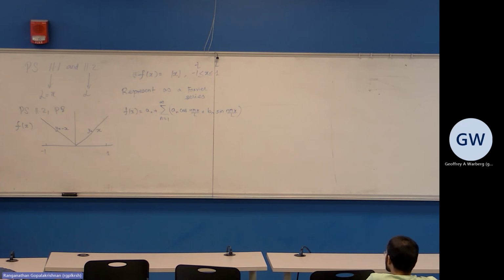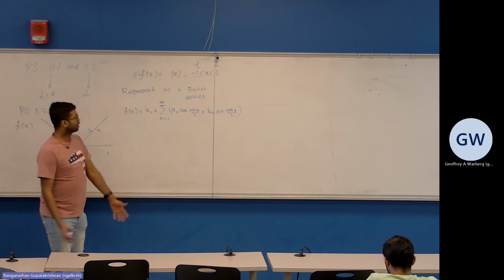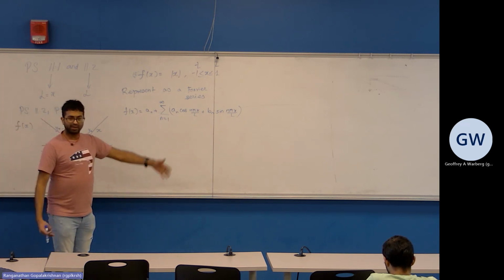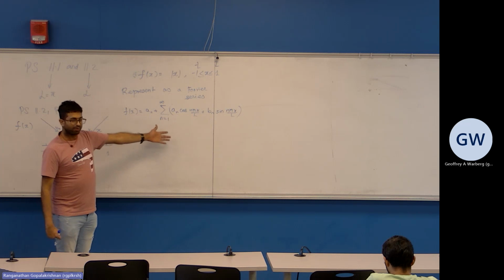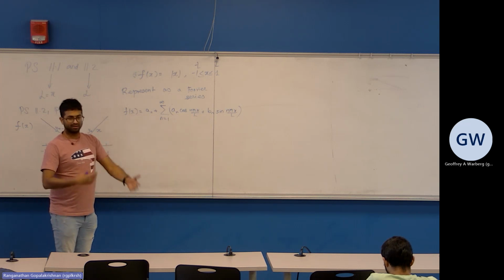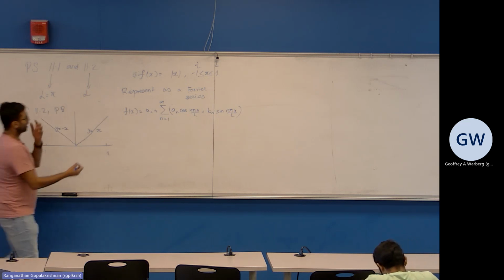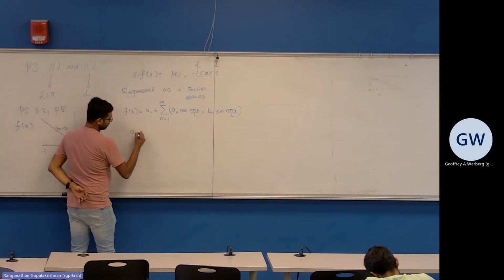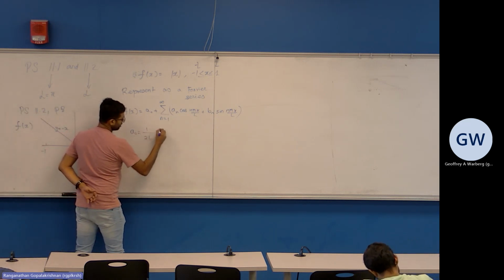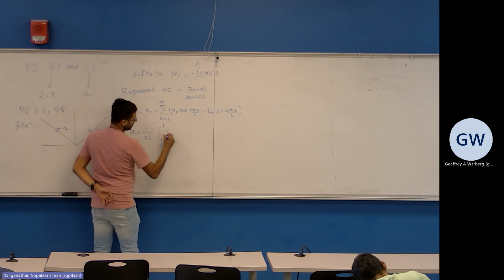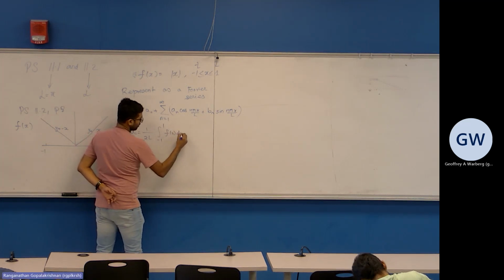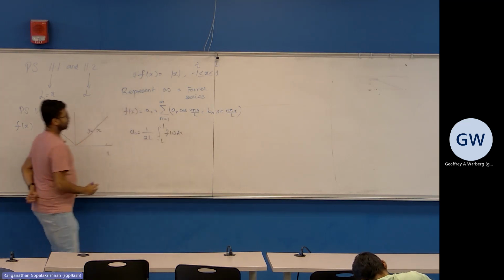I know this is sometimes even below your level, beneath you to do such a simple problem, but this is just to get the legs moving, okay? All right, so A naught, as you know, is 1 over 2L integral from -1 to 1 of f of x dx, or -L to L f of x dx.